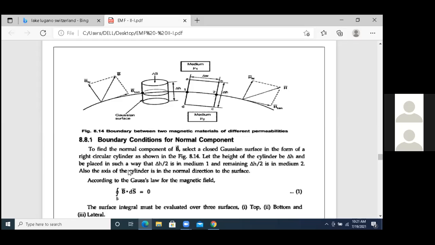Also, the axis of the cylinder is in the normal direction to the surface. So according to Gauss's law, the integral of B dot dS over the closed surface is equal to 0.